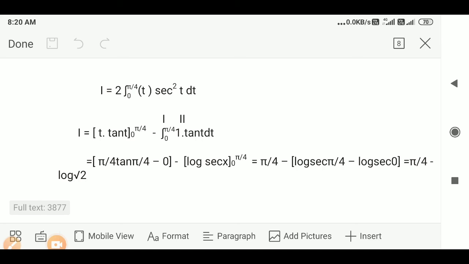So we get pi by 4 tan pi by 4, minus, if we put t equal to 0 it becomes 0, so minus 0.